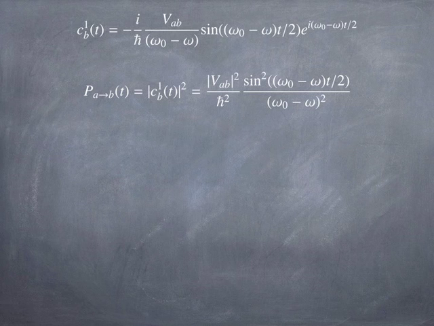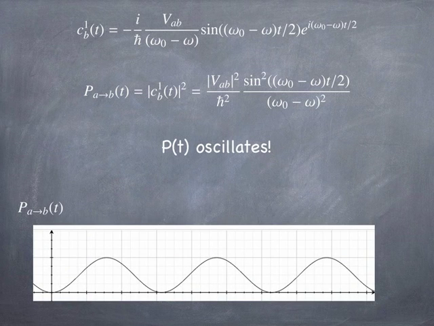And it oscillates with a frequency that goes like the difference between the electromagnetic wave frequency and the difference in frequency between the two states in question. So the probability ends up looking something like this. Of course, it has a maximum value that depends on the detuning.